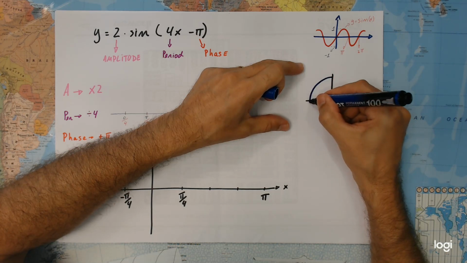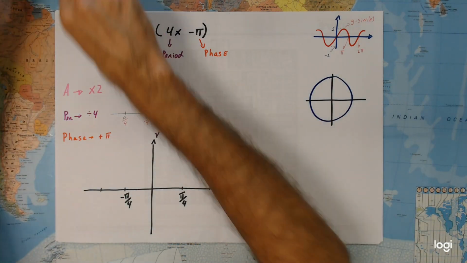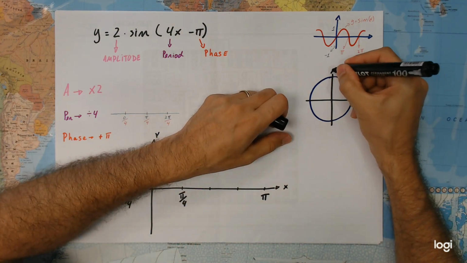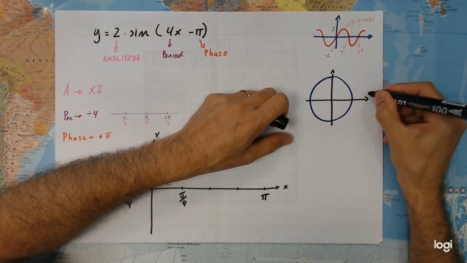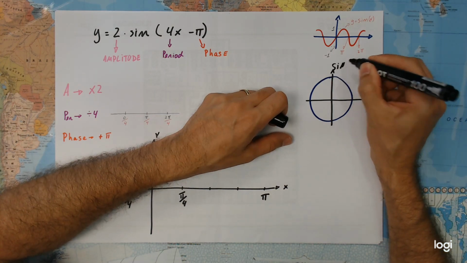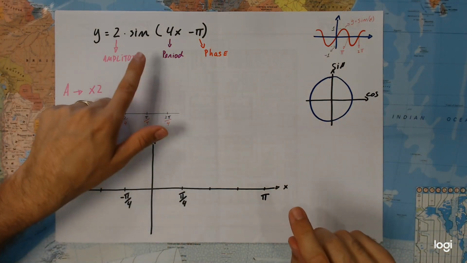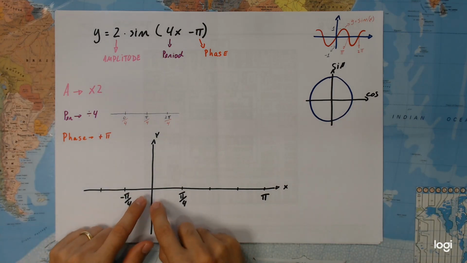Let's draw our trigonometric circumference. This is the cosine axis. This is the sine axis. Okay? Now, what is going on in here? We are at 0.